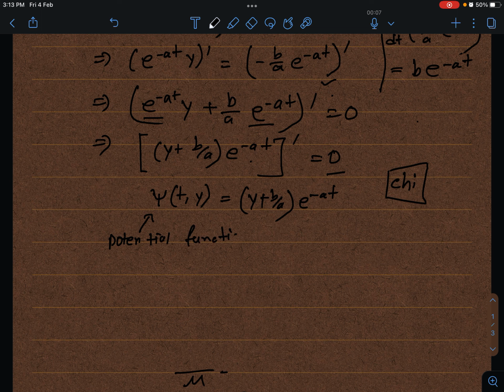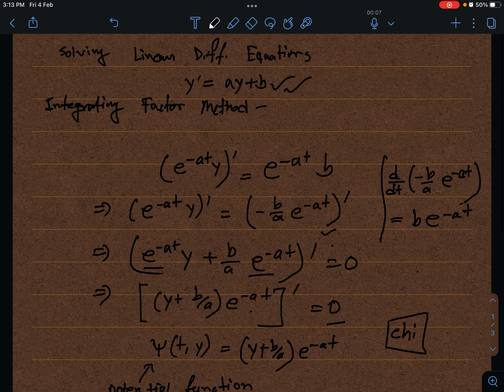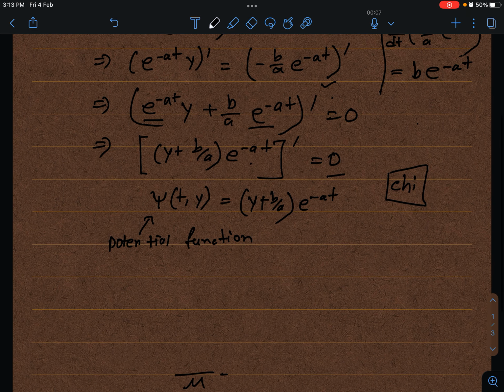So the formal definition of the potential function is when this whole differential equation is written as a total derivative, then this particular term is called a potential function because it potentially holds the solution for the unknown. And what is the informal definition of potential function?